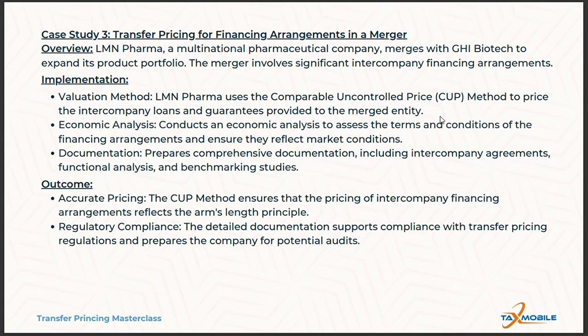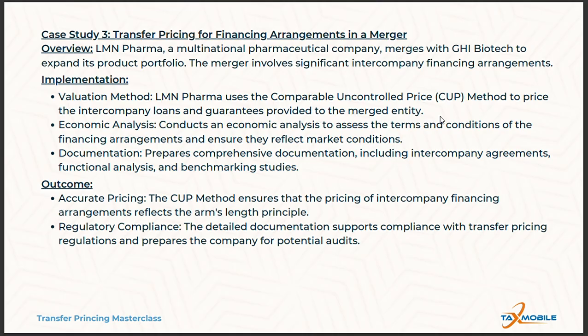Economic analysis: an economic analysis is conducted to assess the terms of the financing arrangement and ensure they reflect market conditions. With respect to documentation, comprehensive documentation is prepared, including intercompany agreements, functional analysis, and benchmarking studies. Now, the outcome of this is accurate pricing.